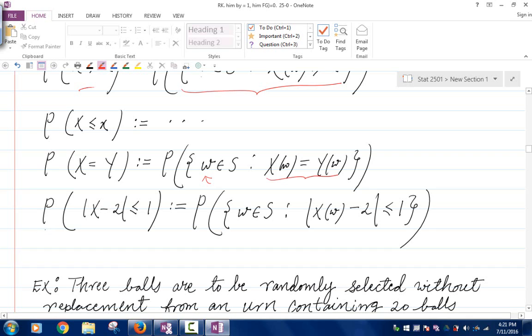If we write the probability of the absolute value of X minus 2 is less than or equal to 1, what we mean is the probability of the event consisting of outcomes omega in the sample space for which the absolute value of X of omega minus 2 is less than or equal to 1.